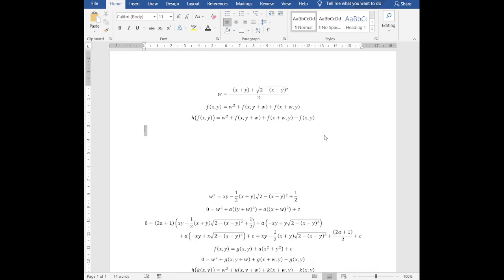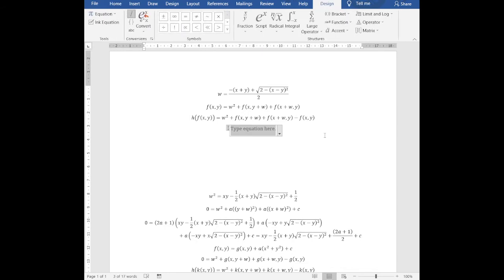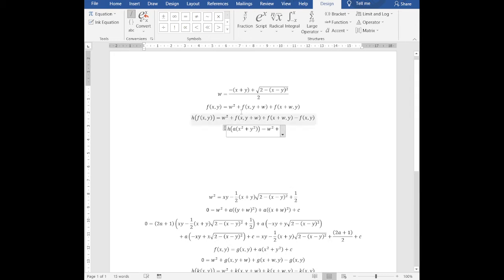Okay, I'm now going to find the h value of a particular function, which will come in handy later. So I'm going to define the h value of a x squared plus y squared. And this is going to be equal to w squared, which is why I wanted to keep that on hand.